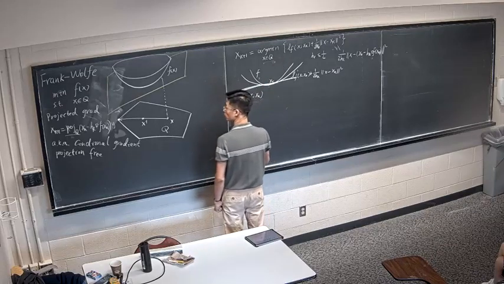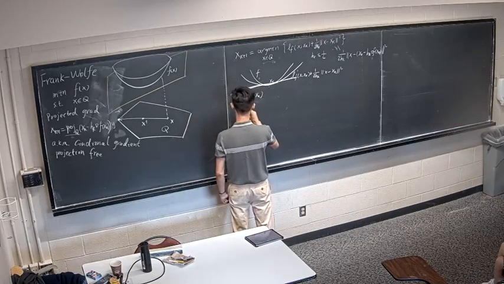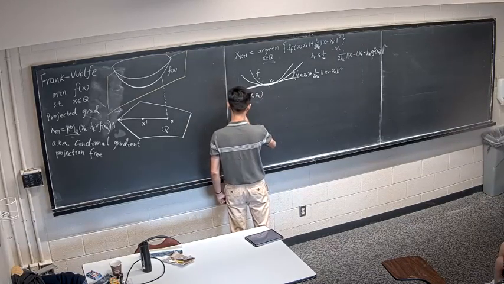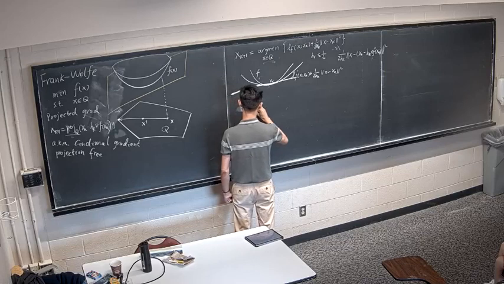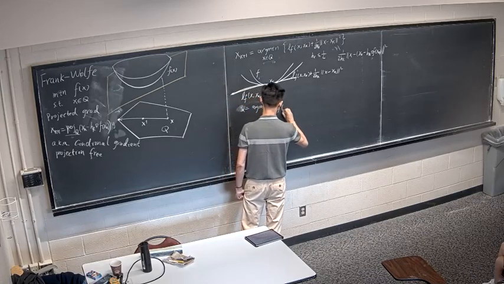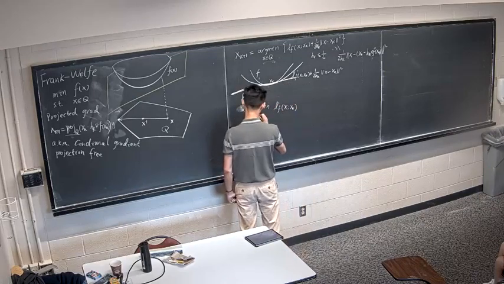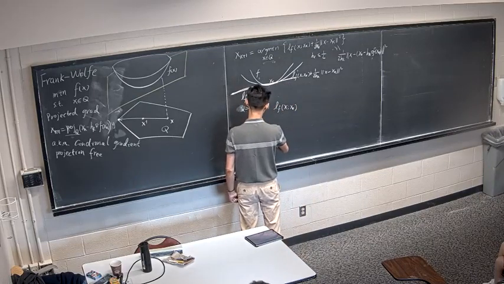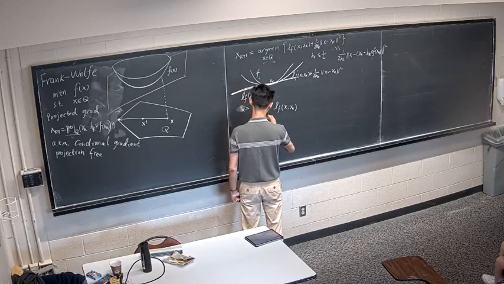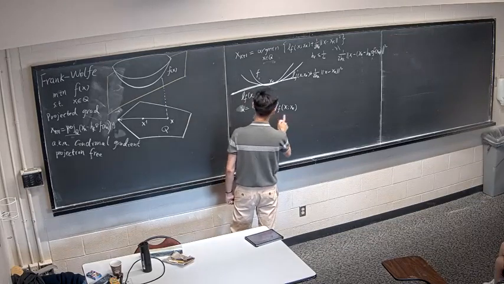And that is equivalent to the Frank-Wolfe method. Because now your x, let's call this point yk. This is an intermediate point. We just minimize over Q for this linear function.